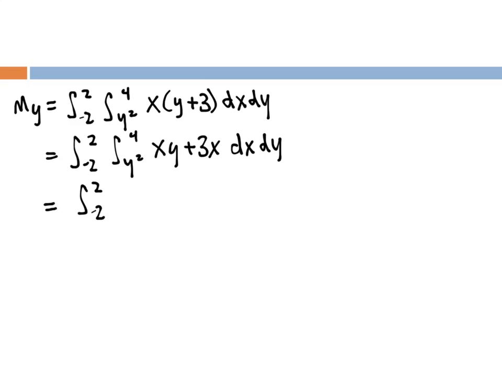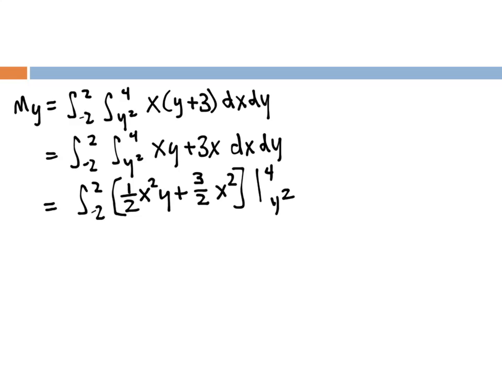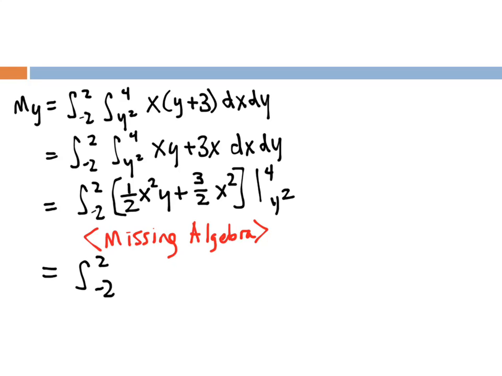If I integrate this with respect to x, I'd get 1/2 x squared y plus 3/2 x squared, which I would evaluate at 4 and at y squared. I'm going to jump the gun a little bit here and put that I've got some missing algebra. Please do not just write missing algebra on your work. You do need to have the actual algebra shown out when you're doing your homework, please. And this goes from -2 to 2.